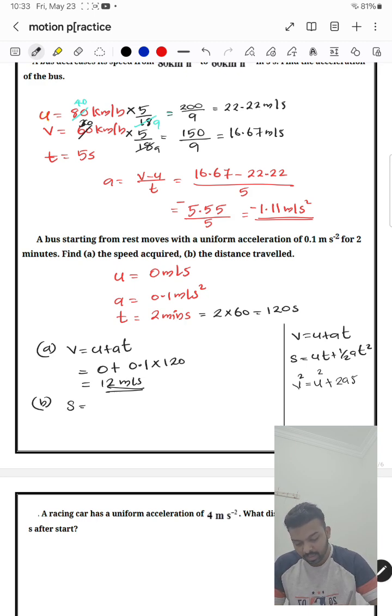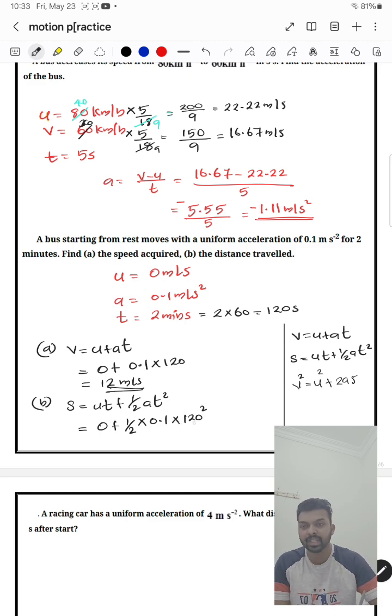So s is equal to ut plus half at square. U means it is again 0, plus half into a, which is 0.1, into t square, which is 120 square.